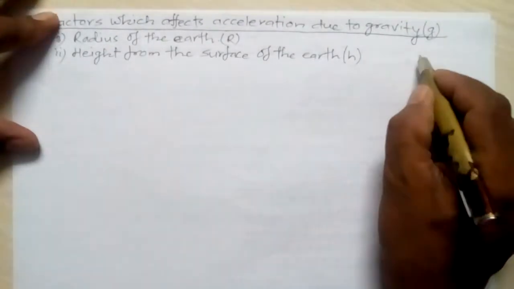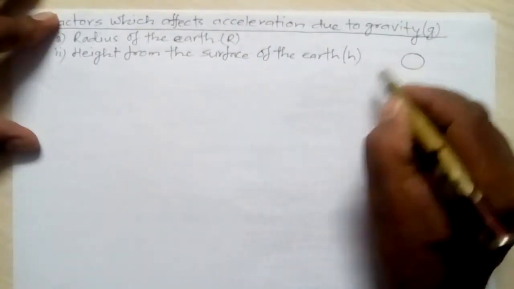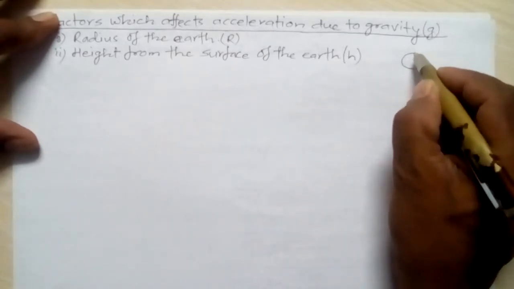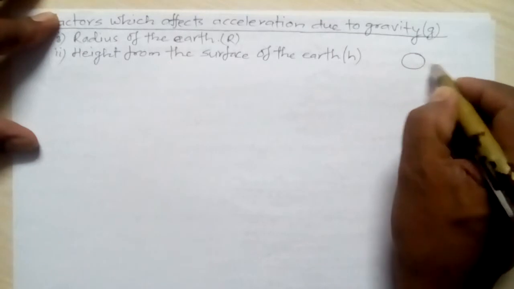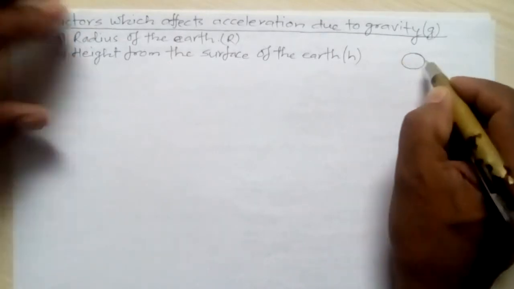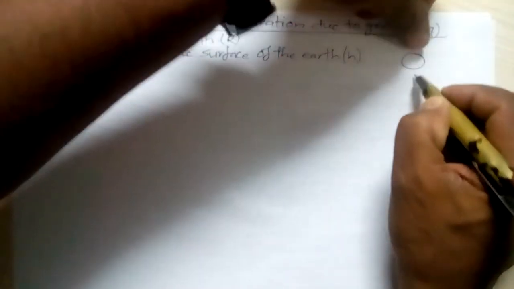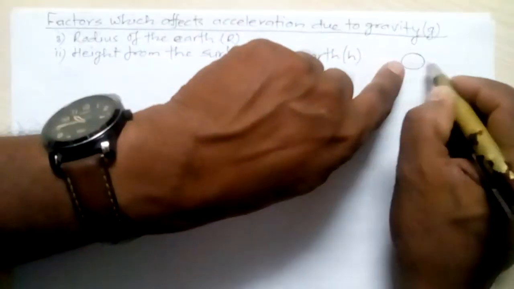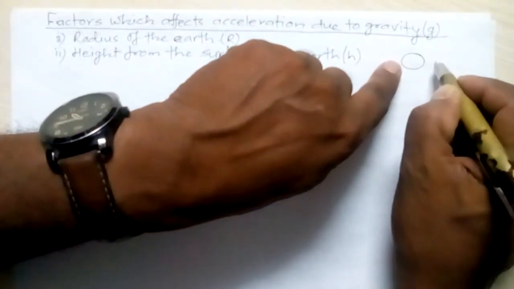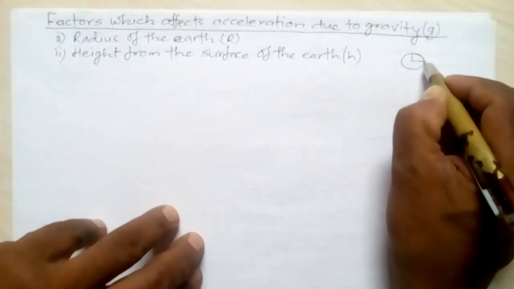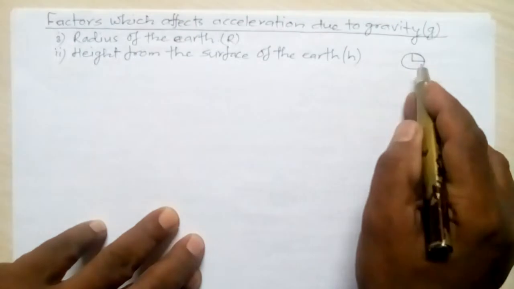It means if this is earth, we know that earth is flattened at its poles but bulged at the equator. That's why polar radius is less, equatorial radius is more, and it depends upon radius.